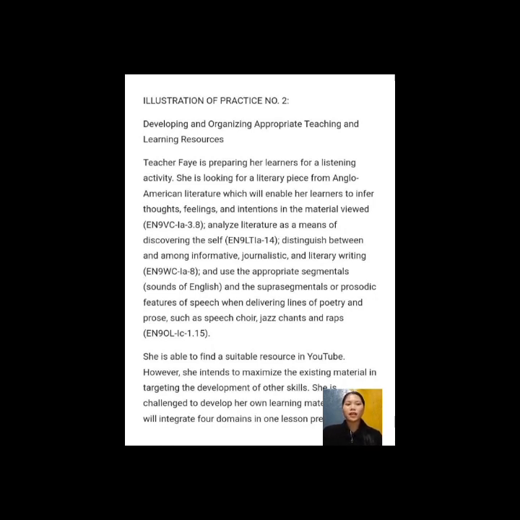She is looking for a literary piece from Anglo-American literature which will enable her learners to infer thoughts, feelings, and intentions in the material's view, analyze literature as a means of discovering the self, distinguish between and among informative, journalistic, and literary writing, and use the appropriate segmentals and suprasegmentals of speech when delivering lines of poetry, such as speech choir, jazz, and raps.